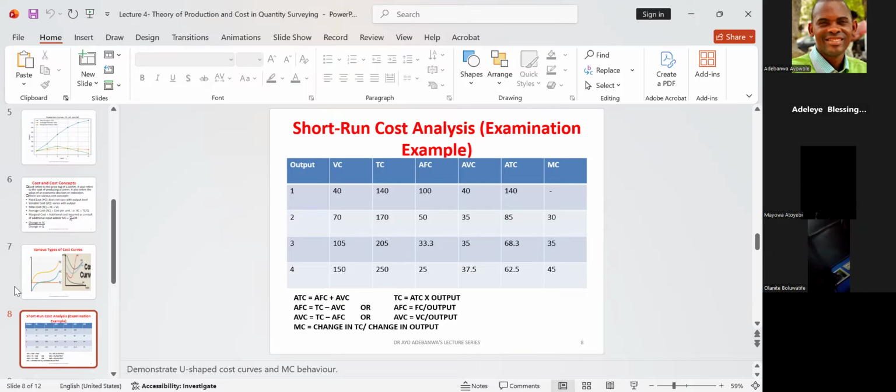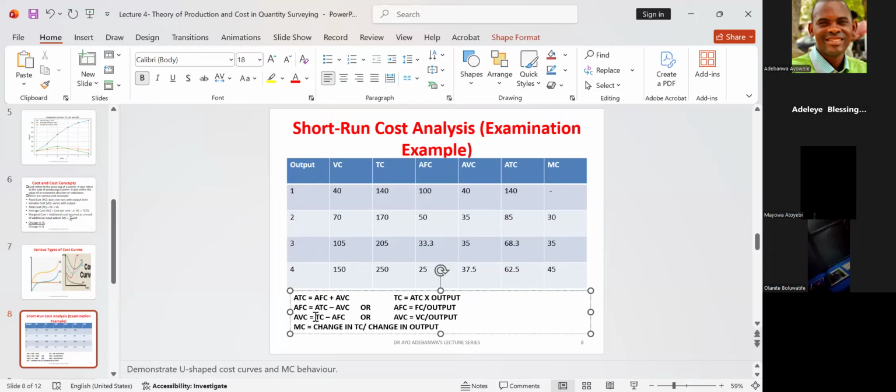Then you can also do simultaneous substitution. If you want to calculate AFC, you just take AFC to the left-hand side, then you carry ATC inside, and that will be ATC minus AVC.